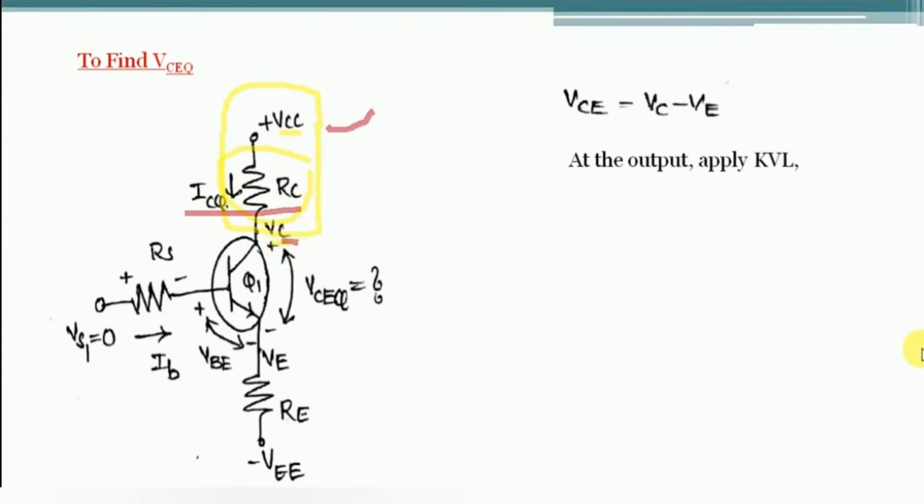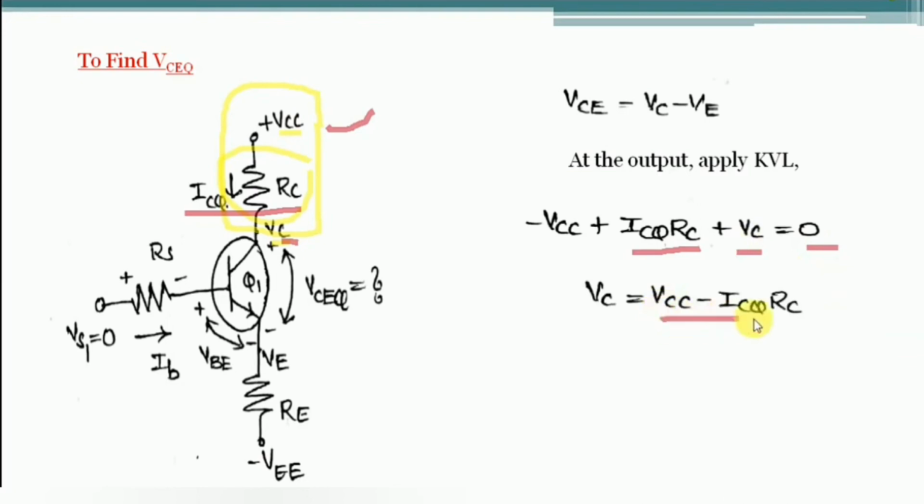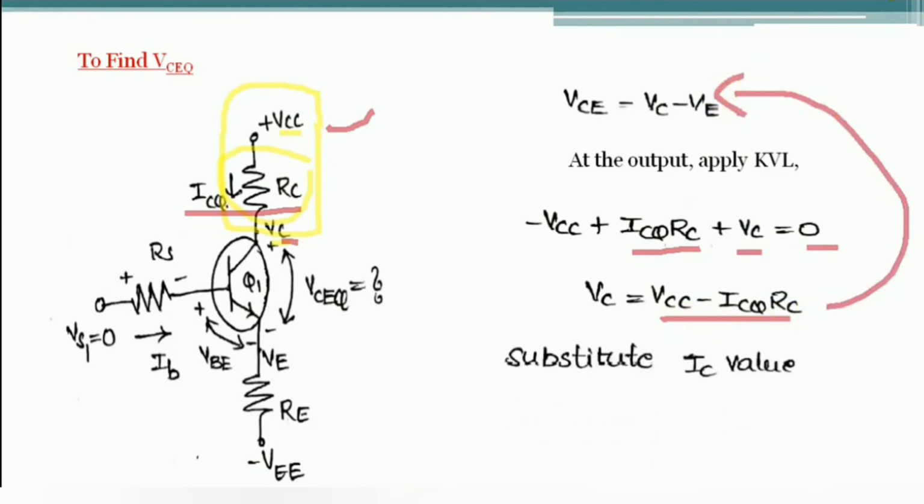So the equation is minus VCC plus ICQ into RC plus VC is 0. So from this equation we can find the value of VC as VCC difference ICQ into RC. After getting this, simply substitute this in this above equation. So finally we get VCE as VCC difference ICQ RC difference VE.